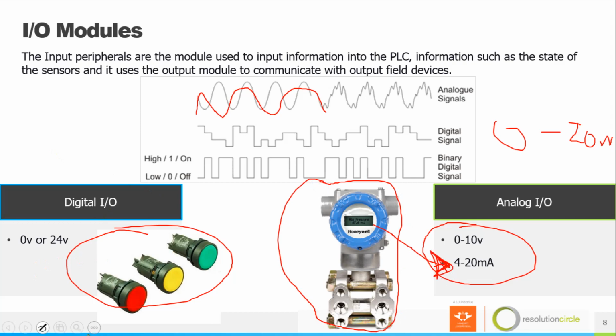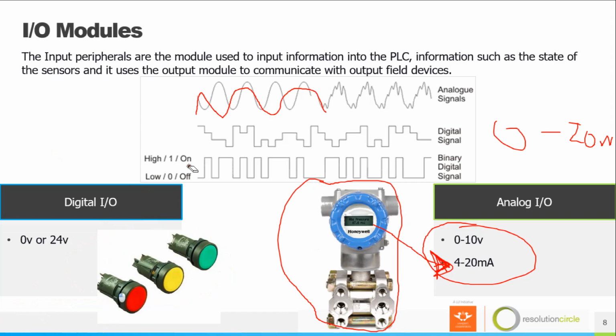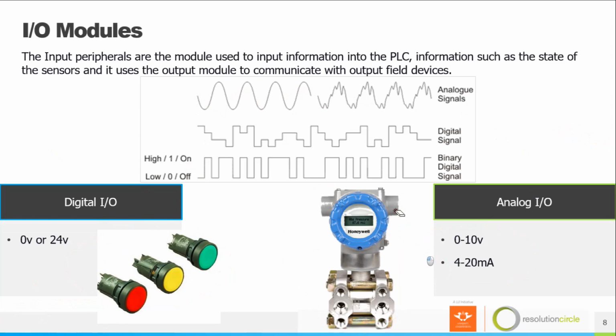Now we know the different types of signals. When we go to the instrumentation section, you are going to understand much better about these signals, because then you'll find different types of instruments based on different types of application.